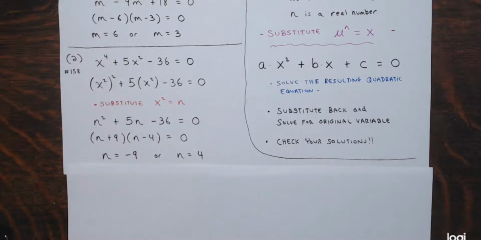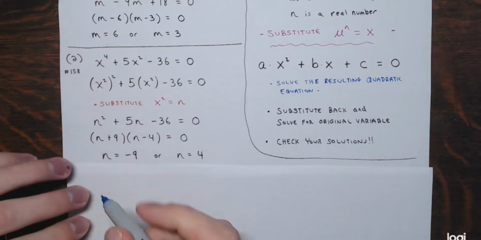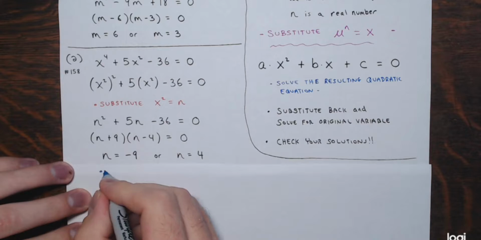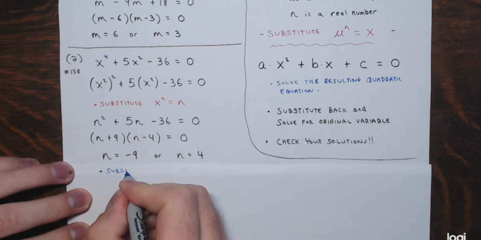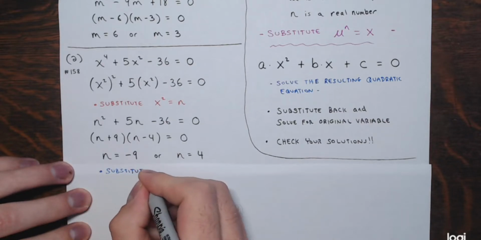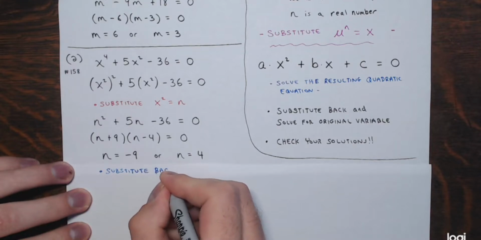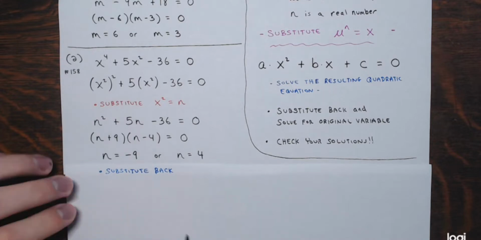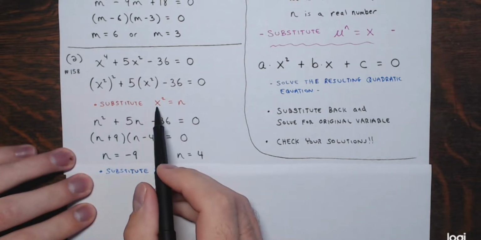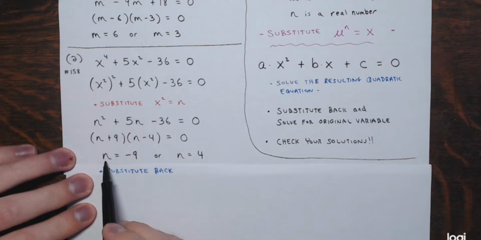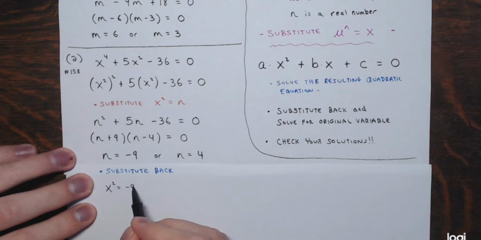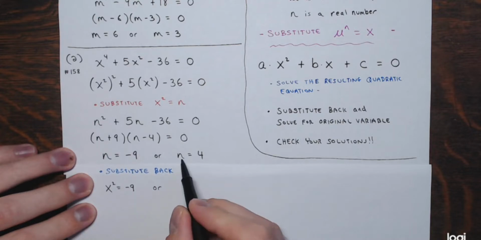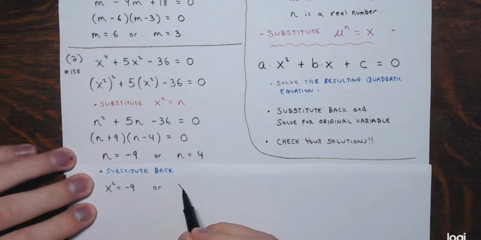So we substitute back. Substitute back, right, go back to expressions with the original variable x. Remember, n was replacing x squared. So this first equation here is x squared equals negative 9. And this equation here, n equals 4, is now x squared equals 4.